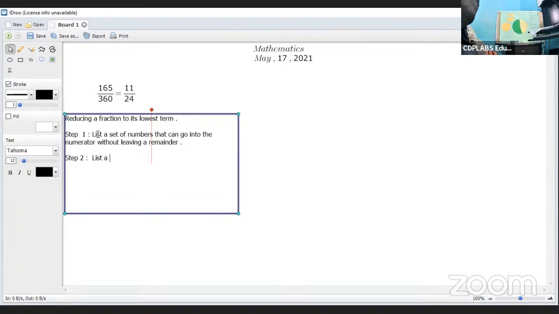List a set of numbers that can go into the denominator without leaving a remainder. Step 3, look for the highest number which is in both step 1 and step 2.